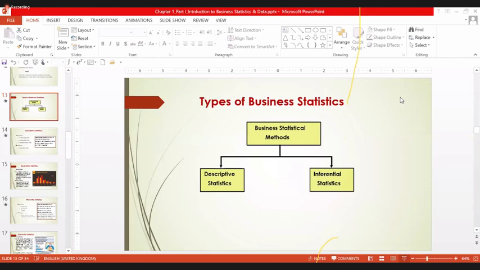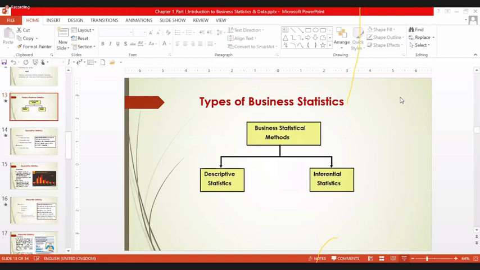Inferential statistics involves making an estimate, prediction, or decision about a population based on the data obtained from a sample.